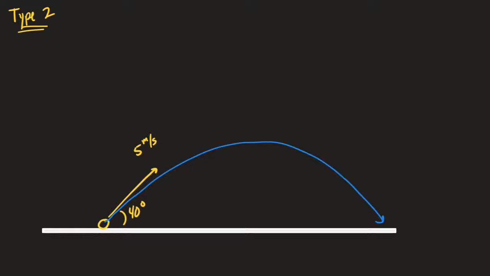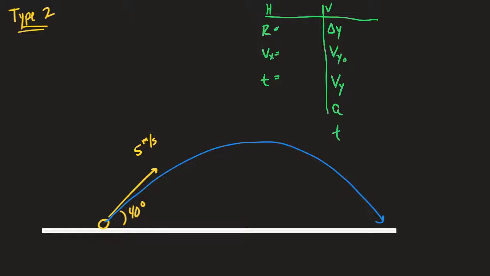When I consider breaking this up into horizontal and vertical, again, the range, Vx t, delta y, Vy naught, Vy a and t.